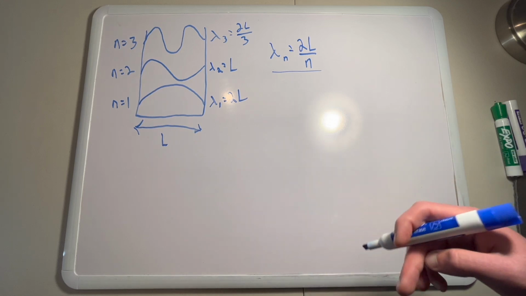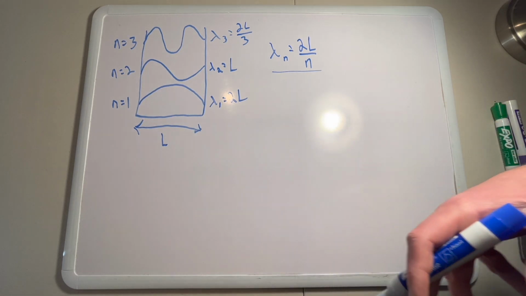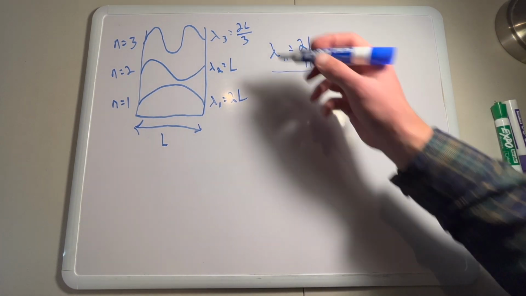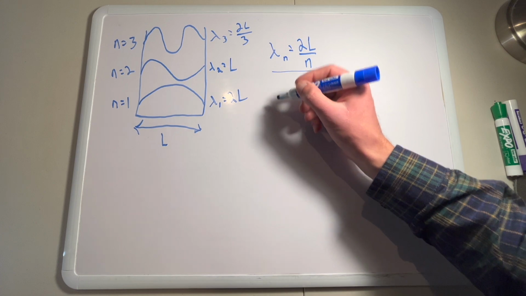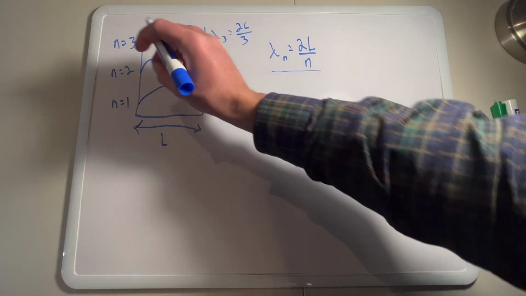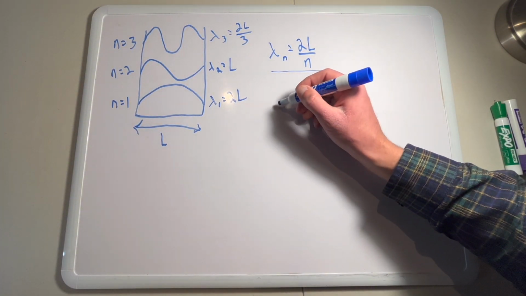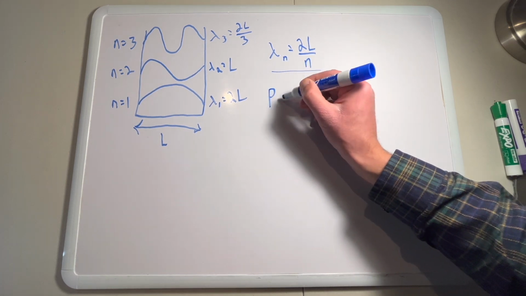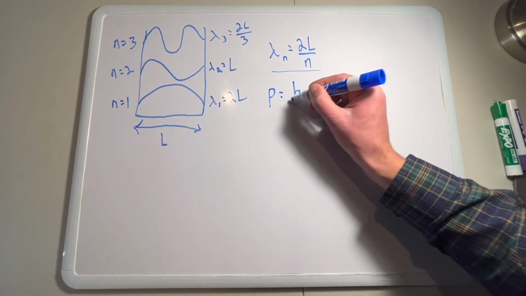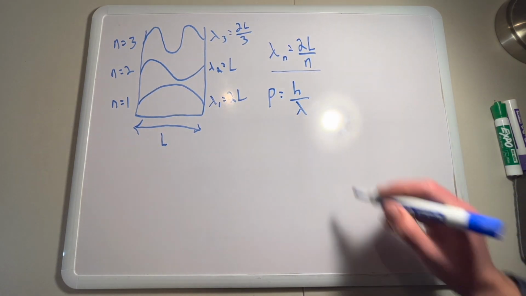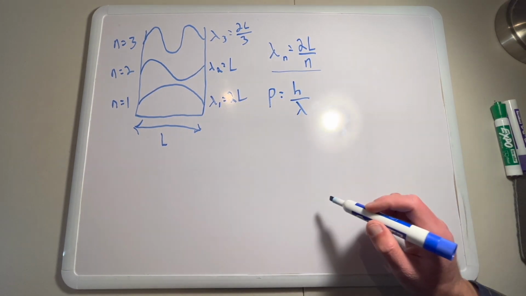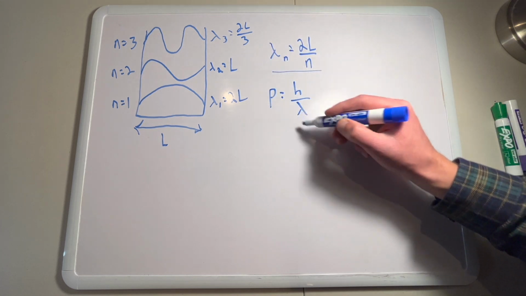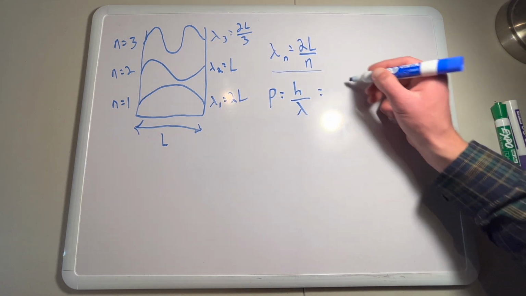So that should be a familiar concept, this idea of wavelength. We've been talking a lot about photons and light, and also de Broglie wavelengths, thinking about matter. And let's think of the equation that we used for de Broglie wavelength, because we're thinking of a particle inside this box. The wavelength you can relate to momentum as h over the wavelength is equal to the momentum. And what we can do then is plug this guy into there, see what we get.